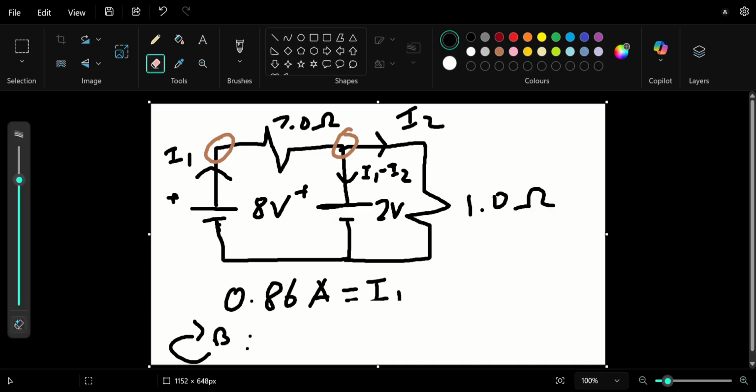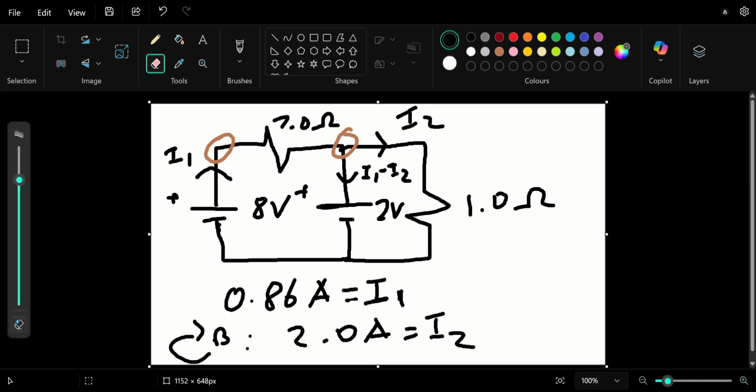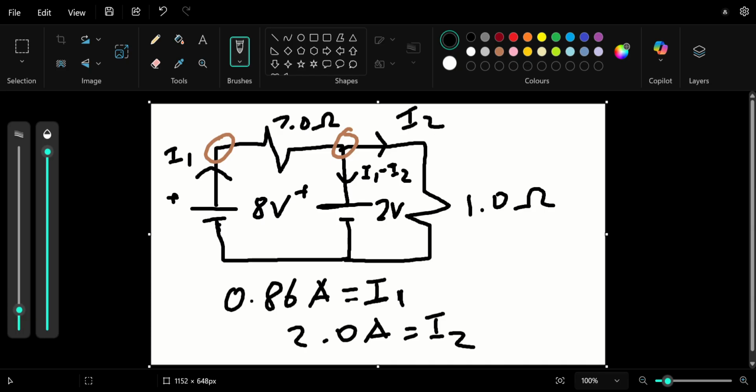So with that in mind, we finally have all the components needed to find the current through the middle pathway. Now using Kirchhoff's current law again, we can see that the middle pathway is simply I1 minus I2.